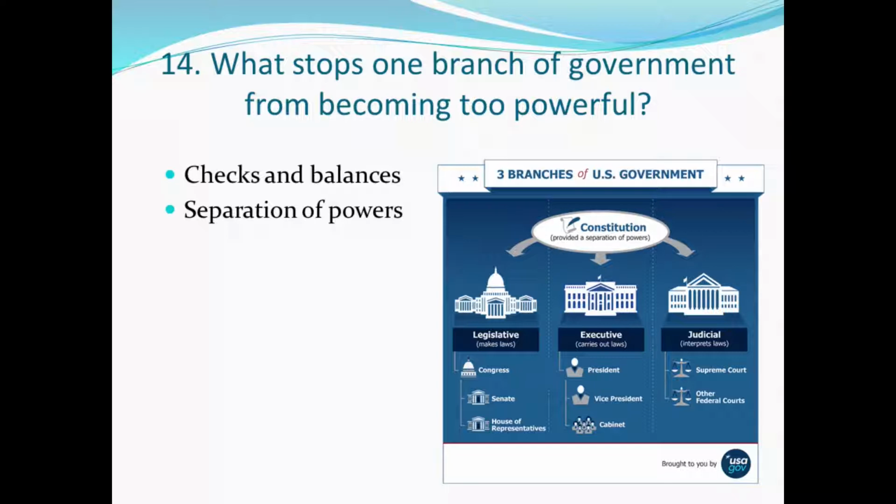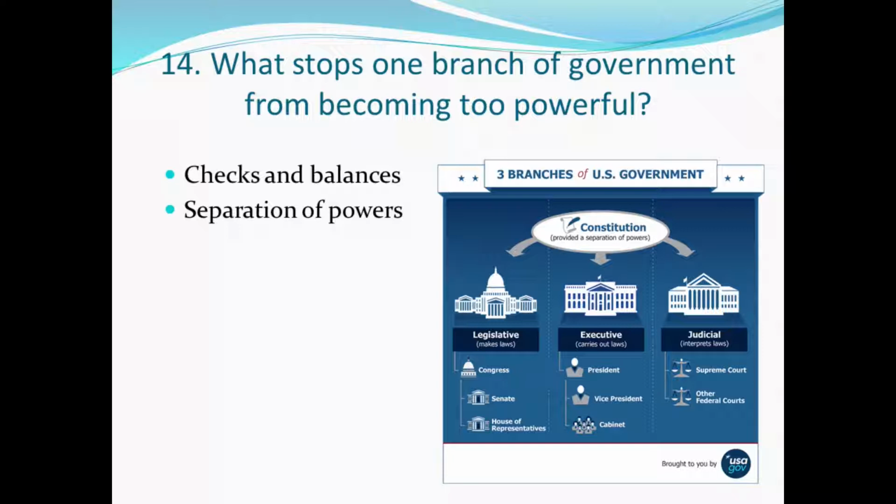The legislative branch, that's the branch of government that determines what new laws are going to be enacted in our country. So what they do is they get together and they determine what they would like to see become laws, and they write that down in what they call a bill.